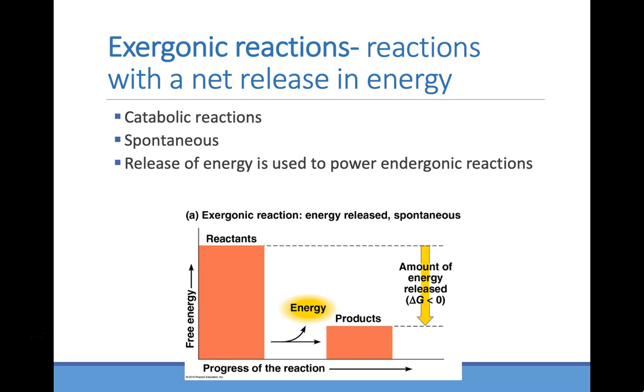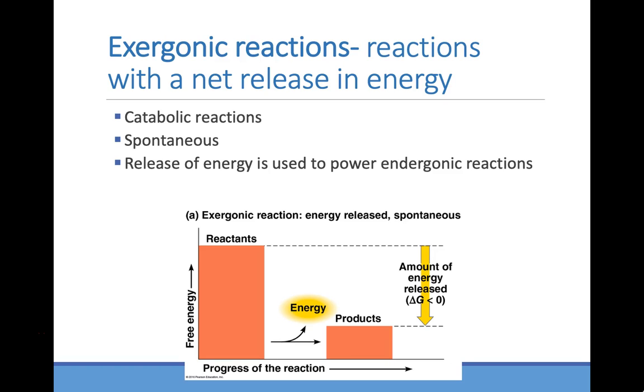The picture at the bottom is an energy graph. It shows that in exergonic reactions, your reactants are very high in energy, at least high compared to the products. And when they are converted to products, energy is released.